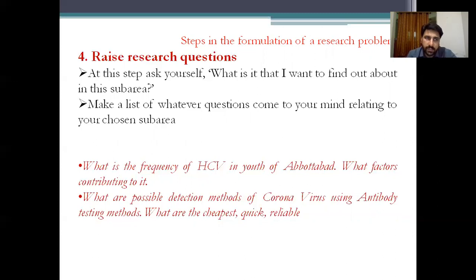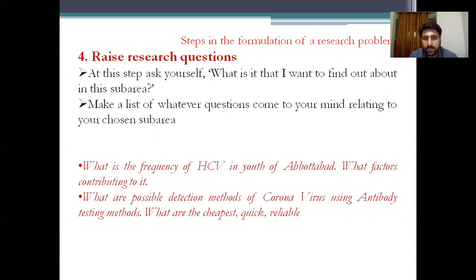So you have planned that your broad area of research is virology, and your study population is the youth of Aptabad city. What aspect are you going to study? It is the prevalence of HCV in youth of Aptabad, and the different factors that can be contributing to it. That is going to be your research question.